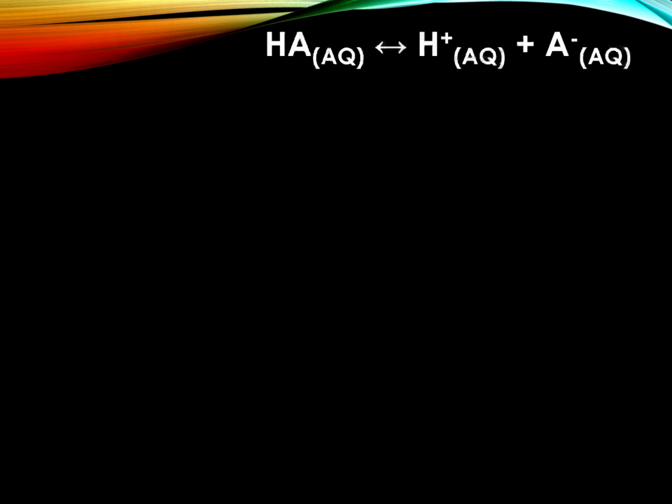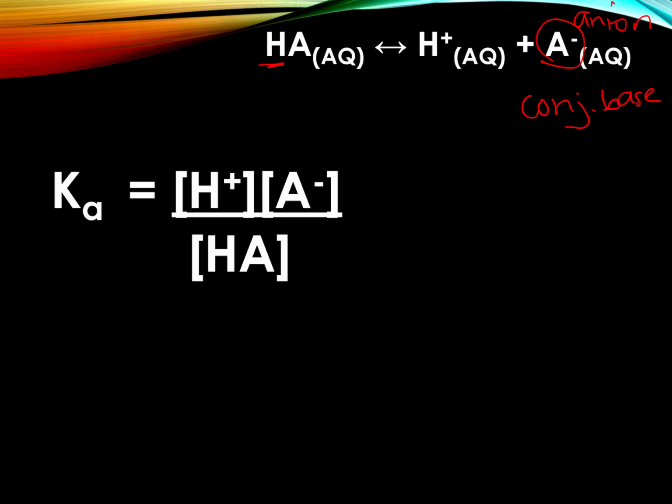Okay, so this says HA, but really this is just trying to emphasize that every acid has a proton, or it is a proton donor. So the acid dissociates into hydrogen ions and some kind of anion, which is going to be its conjugate base. Then we do the same thing, products over reactants.